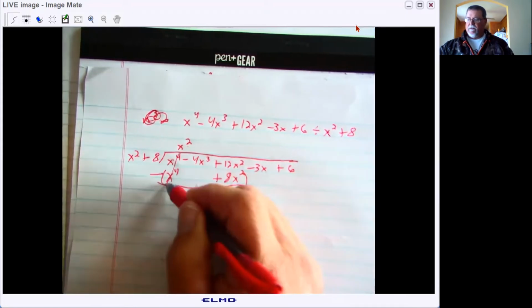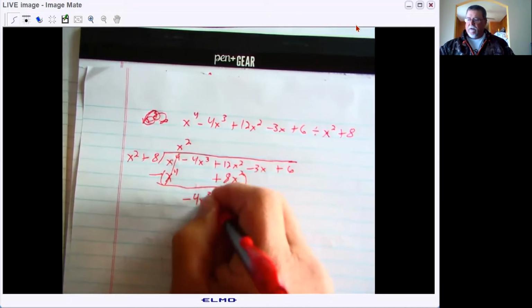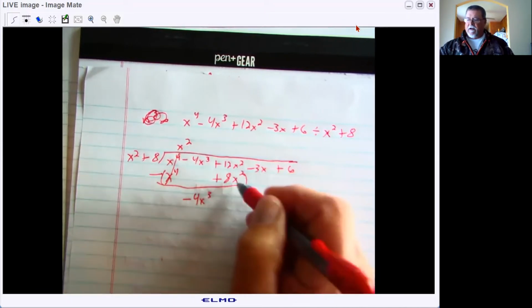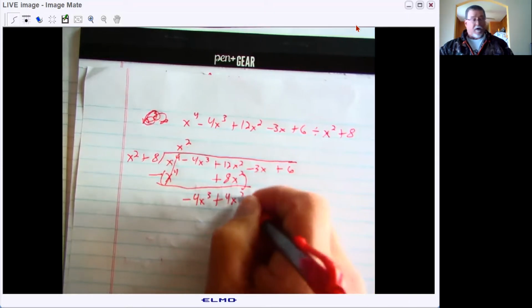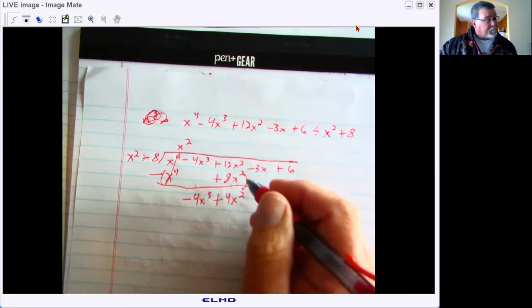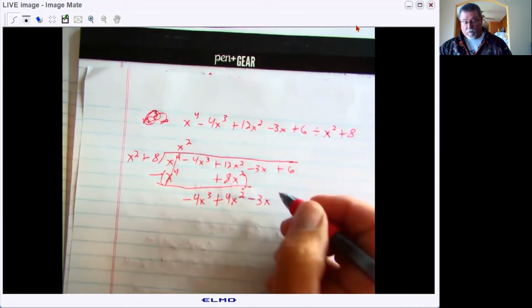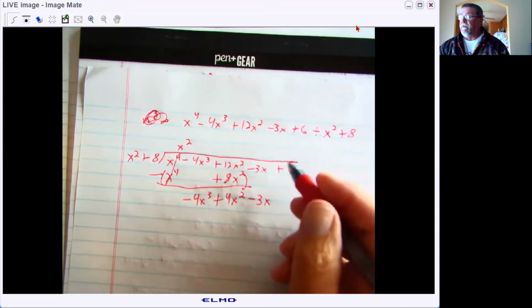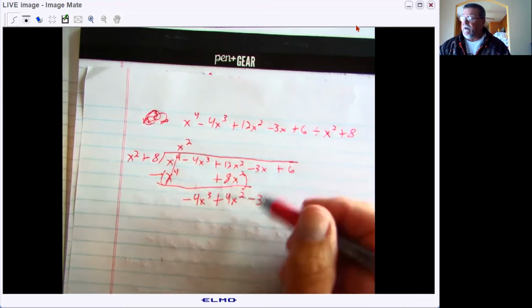Those are eliminated. I've got to bring down minus 4x cubed, and I've got to subtract 8x squared from 12x squared, and that's going to give me plus 4x squared. Okay? Go ahead and bring down the next term. That's just the way you do it when you divide. You bring down the next number when you're dividing numbers, and when you're doing polynomials, you bring down the next term.